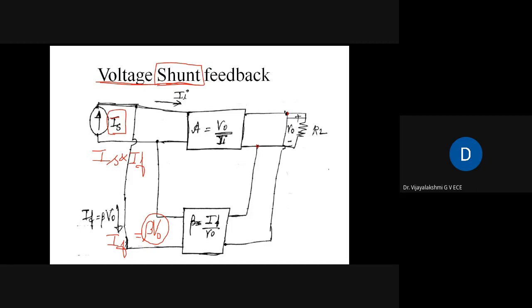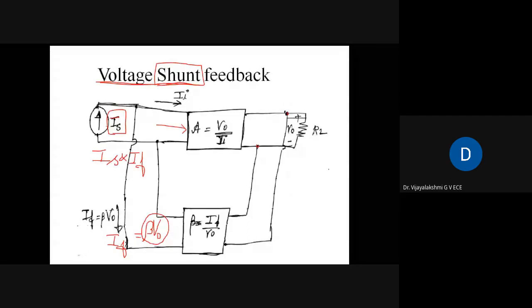And coming to the gain of the amplifier. Now here the gain changes because it is a voltage shunt feedback. The gain is the ratio of output voltage divided by input voltage. Output voltage is V naught, but what are you getting at the input of the amplifier? At the input side, there is mixing of two current signals, IS and IF.